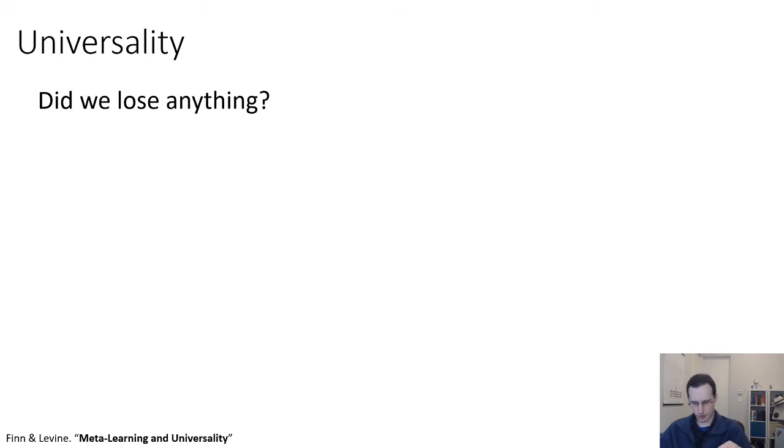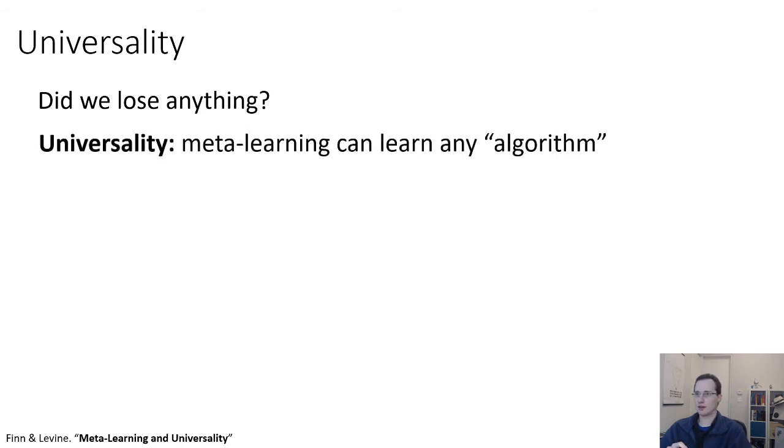Now, we can ask another question about universality. This is a somewhat subtle question, but it basically boils down to this. Can your meta-learning algorithm learn any algorithm? Maybe adapting to this particular task requires some really complicated mathematical operation. Can your meta-learning algorithm actually learn that operation?